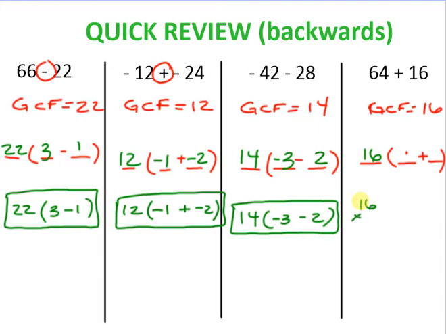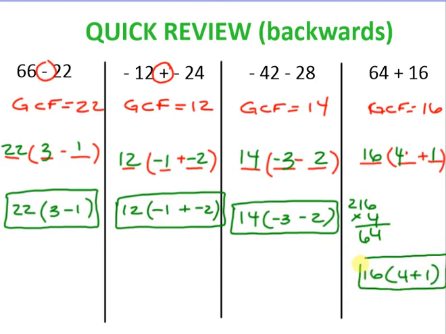Let's see, 16 times 4 is 64. Yep. So 64 divided by 16 is 4, and then 16 divided by 16 is 1. So our final answer here is going to be 16 parentheses 4 plus 1.